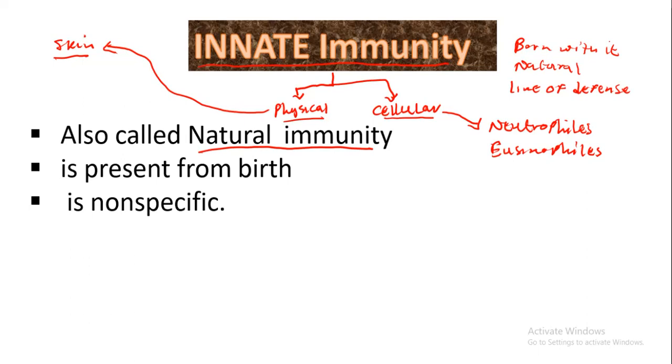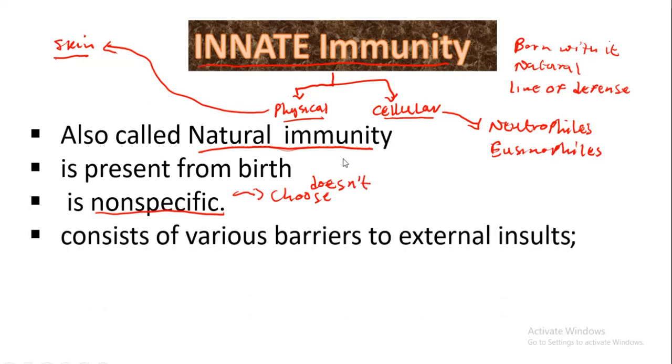So the skin is playing a role which is non-specific. In short, this type of immunity doesn't choose. When you talk of non-specific, it means that it doesn't choose. It fights anything.